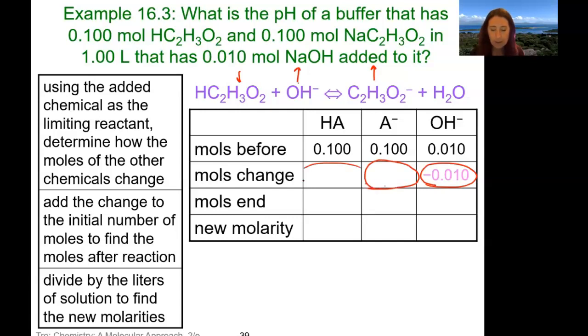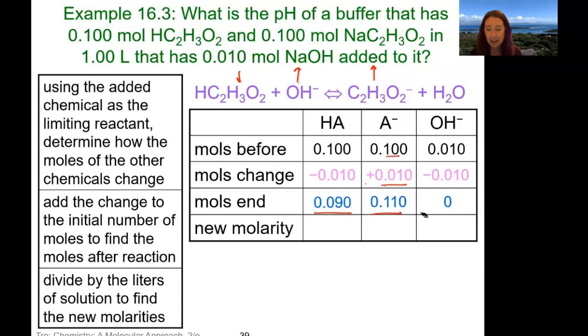This is going to go down by that amount. Does everyone see this piece here? Yes? So now in the end, it's 0.1 minus 0.01. This is 0.1 plus 0.01, and now there's none left.